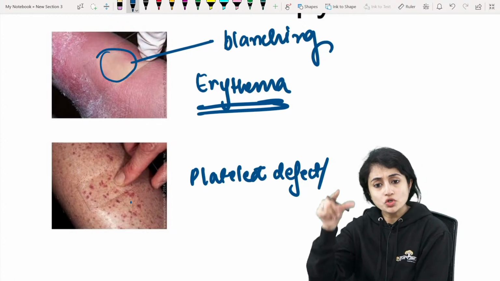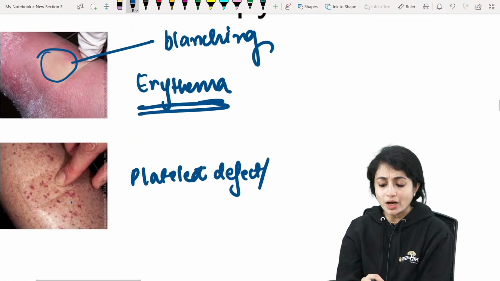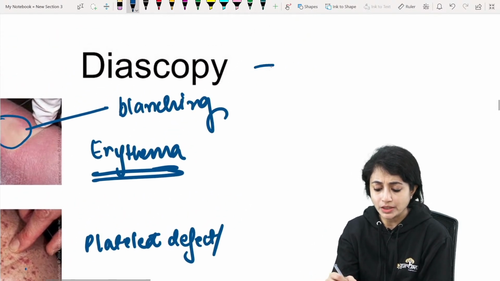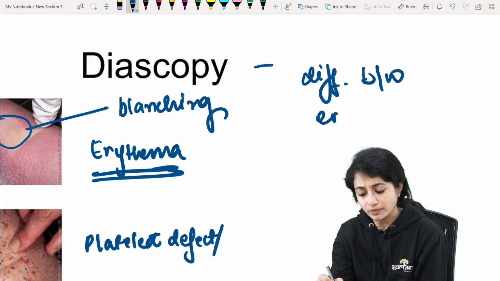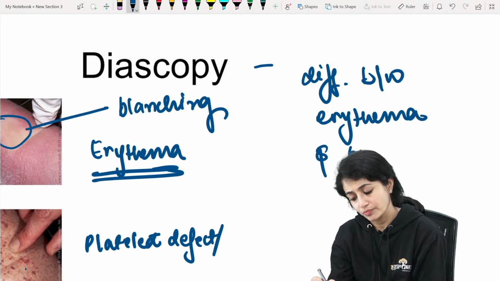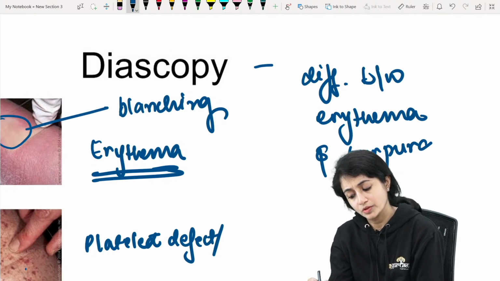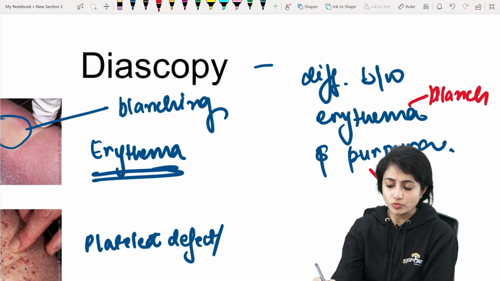And if I try to blanch them, they will not get blanched because they are clots. So my dioscopy helped me differentiate between erythema and purpura. Erythema will blanch on dioscopy and purpura will not blanch.